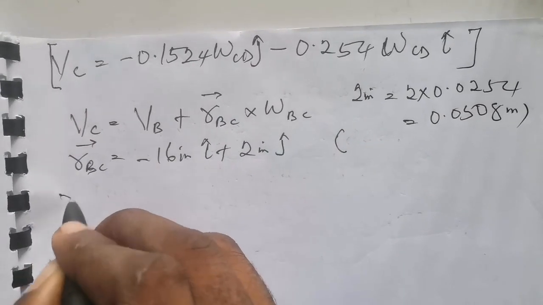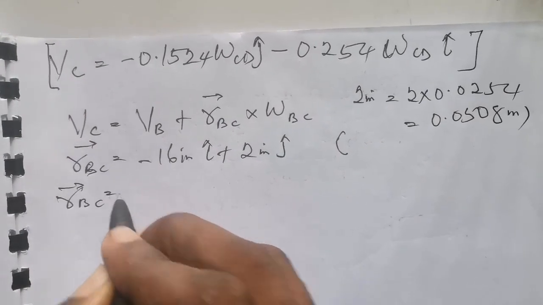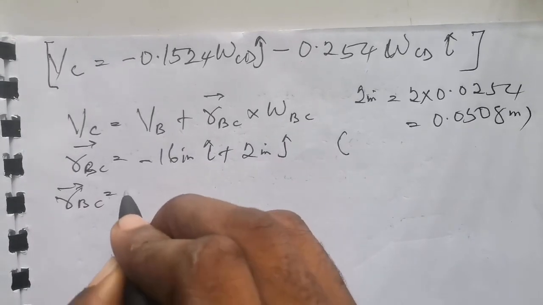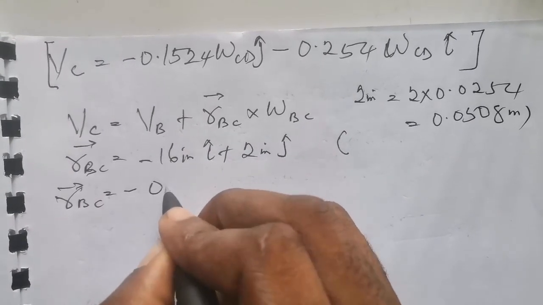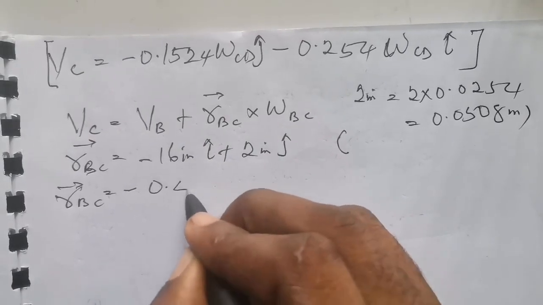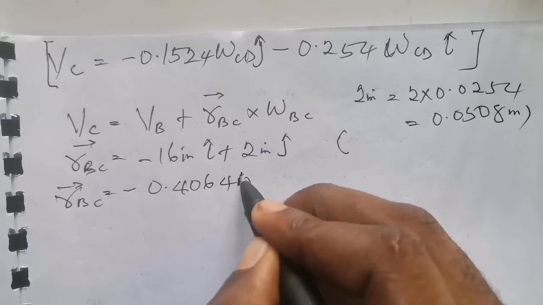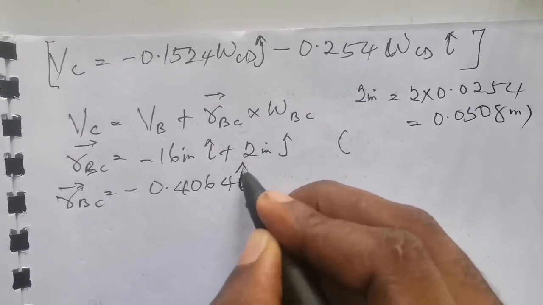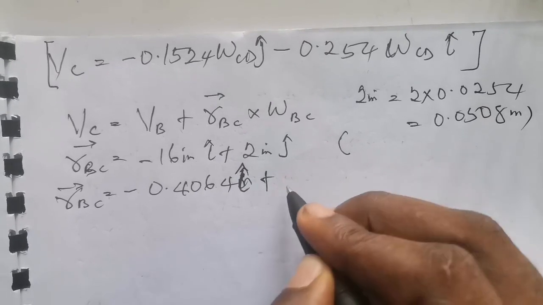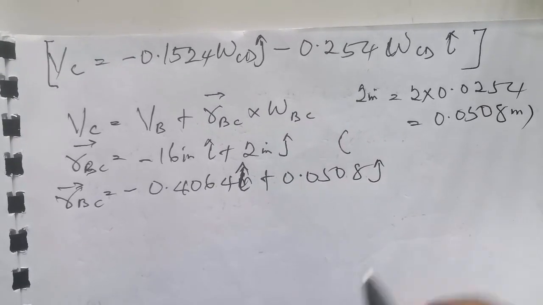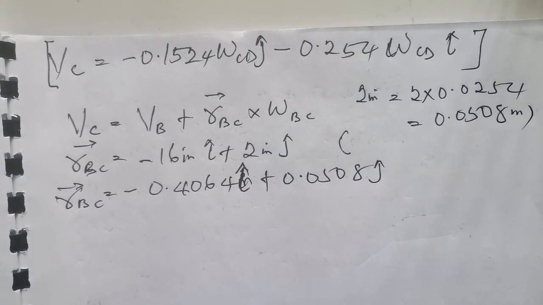Therefore, the position between B and C is simply equal to negative 16 inch, and 16 inch gave us, remember, negative 0.4064 in meters I, okay, plus 2 inch. 2 inch gave us 0.0508 J. So this is now the position vector between point C and point B.